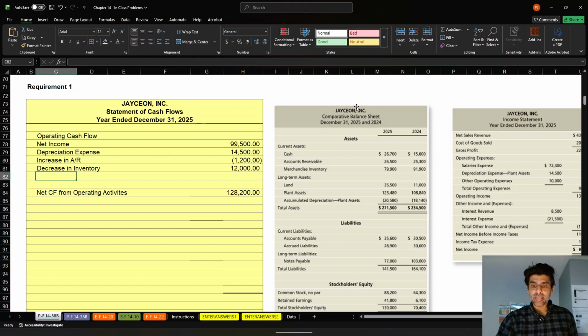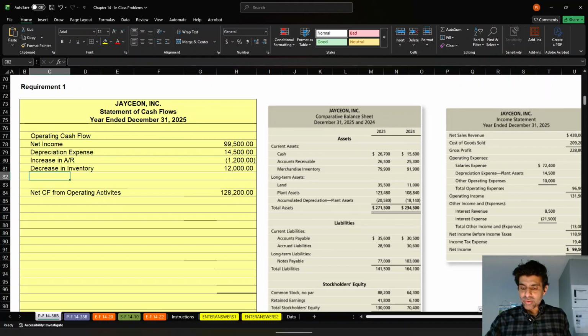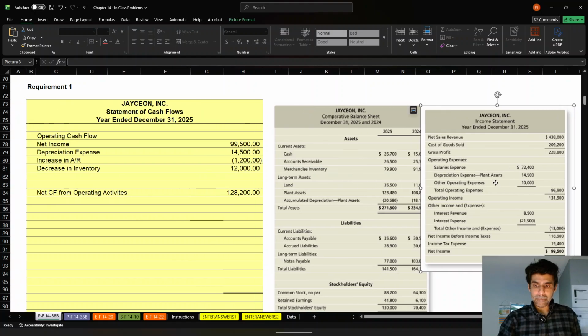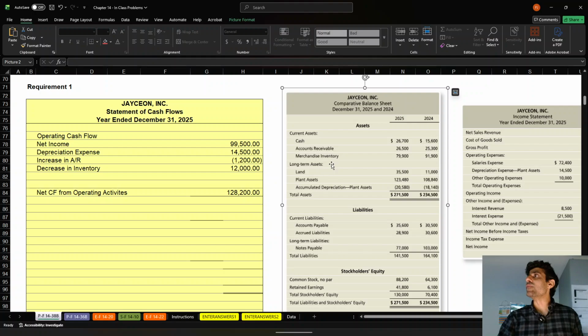And you can just think about it like this. We have some inventory at the start of the year. We sold all of this cost of goods sold, 209,200, plus an extra 12,000 that we did not replenish. So that's this extra cash flow. It's like you're liquidating your inventory, right?